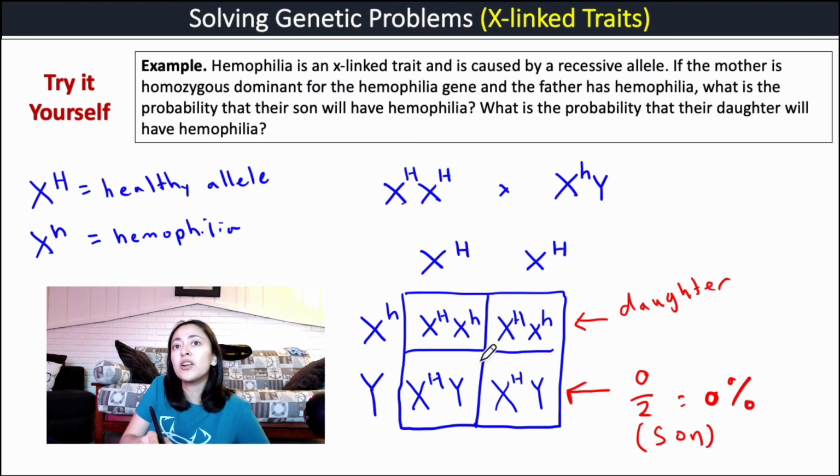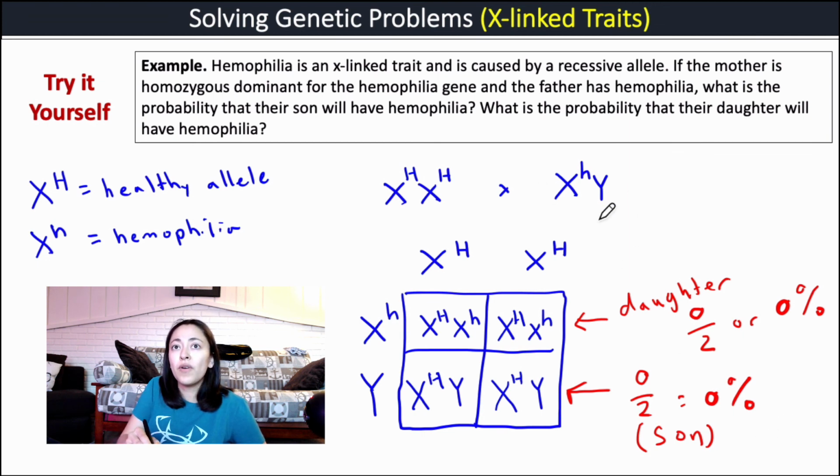In order for the daughter to have hemophilia, because she has 2 of the X chromosomes, she must have 2 of the recessive alleles. And none of these have that. So there's also a 0 out of 2, or 0% chance that the daughter would have hemophilia as well.